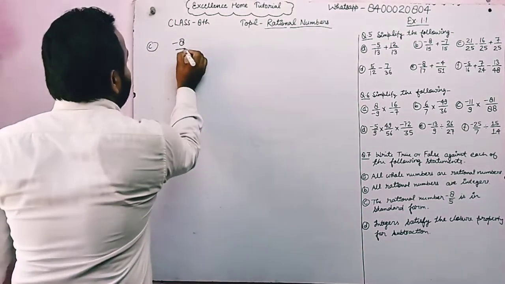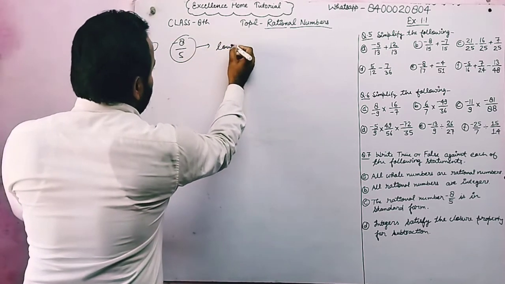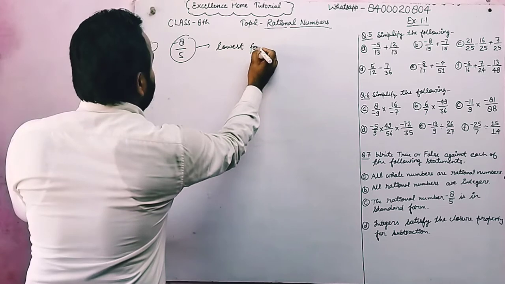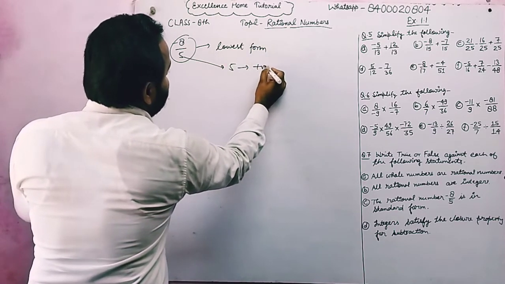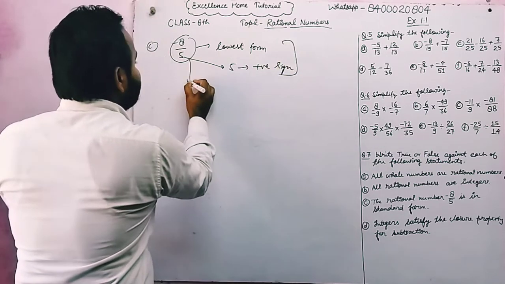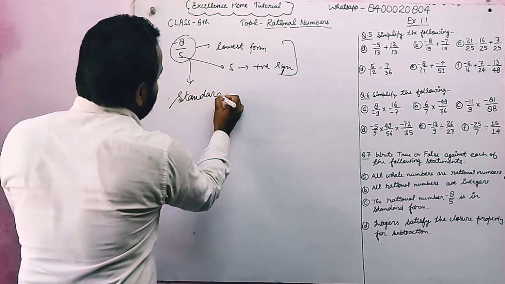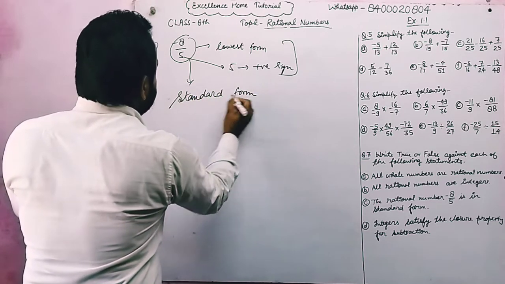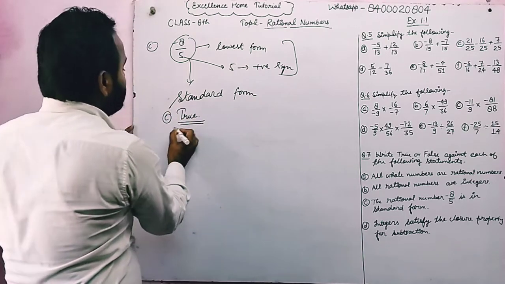So minus 8 by 5 is already in lowest form, and denominator 5 is also positive. So this is already in standard form. So statement C is true.